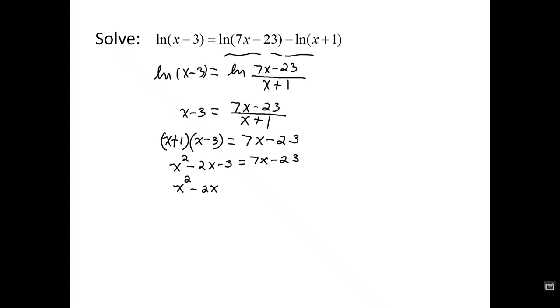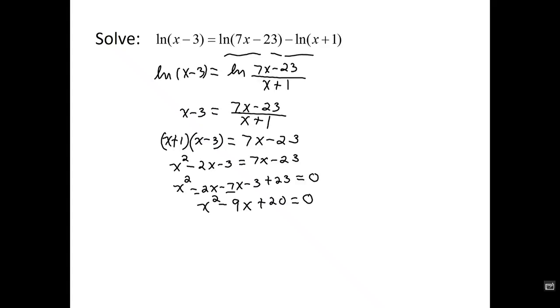If we bring the 7x from the right to the left-hand side, we have minus 2x minus 7x minus 3. A negative 23, when transposed to the left-hand side of the equation, we get a positive 23 is equal to 0. So we have x squared minus 2x minus 7x is a negative 9x. A negative 3 plus 23 is a positive 20 is equal to 0.